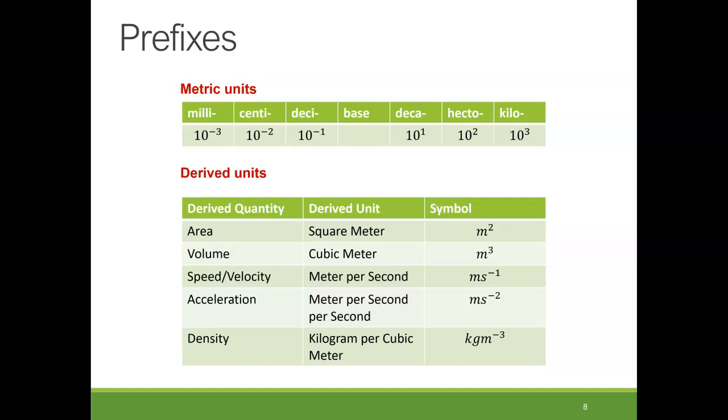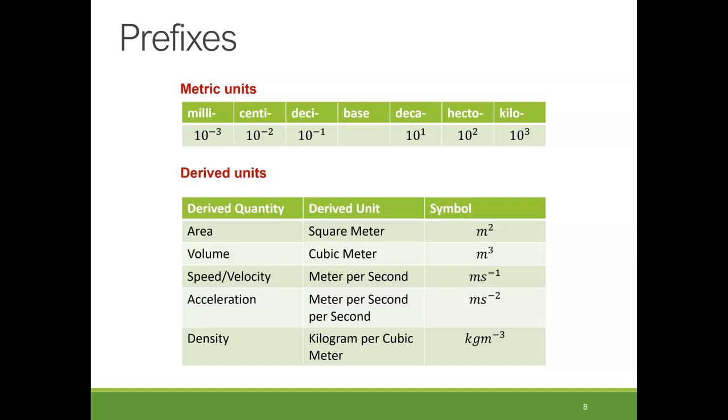Like a centimeter is 1 times 10 to the negative 2 of a meter, or 0.01 of a meter. I had to think there for a second. Everybody's okay with metric system naming? At least these 6 or whatever should be, I would assume from your science class, pretty familiar looking.